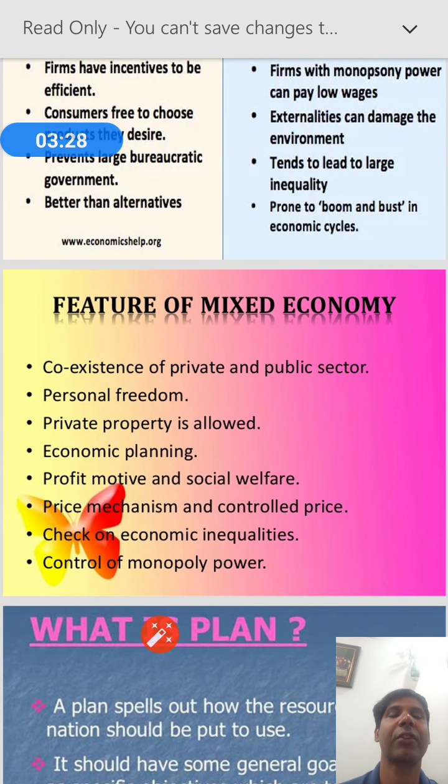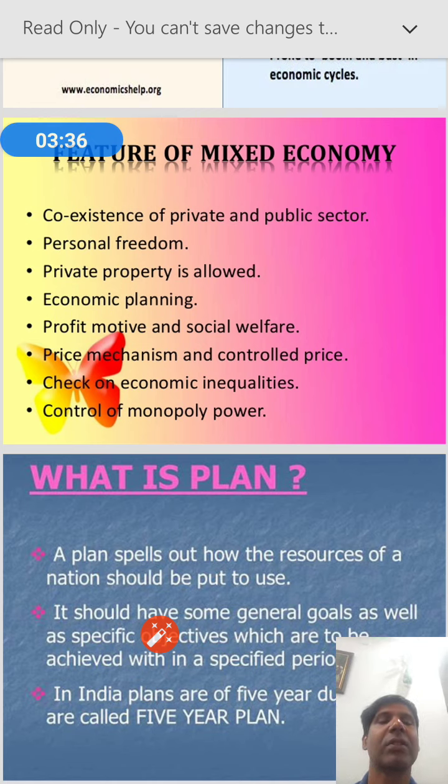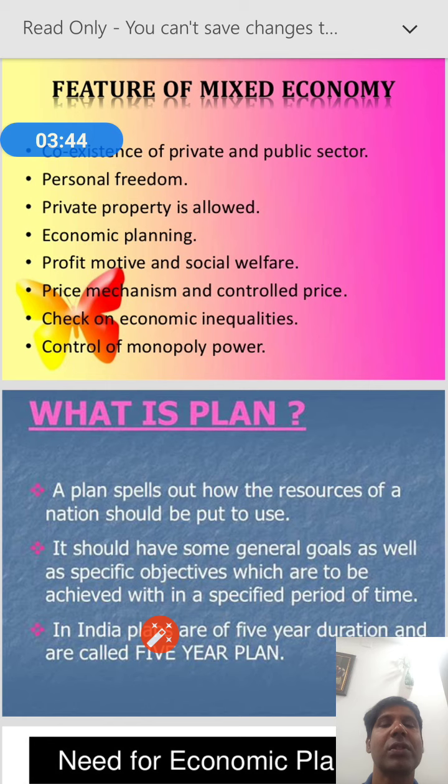Each person will get. Now we are going to see the features of a mixed economy. India is following the mixed economy, with coexistence of the private and public sectors. That is the main thing. Personal freedom is there, and private property is allowed. Economic planning is there. Profit motive and social welfare are there. Price mechanism and controlled prices are there.